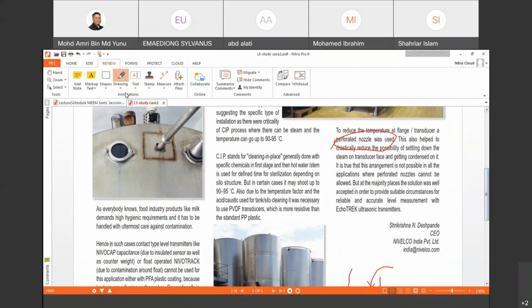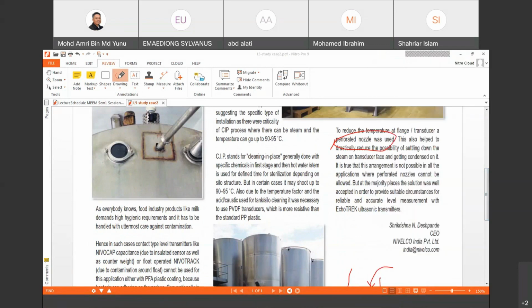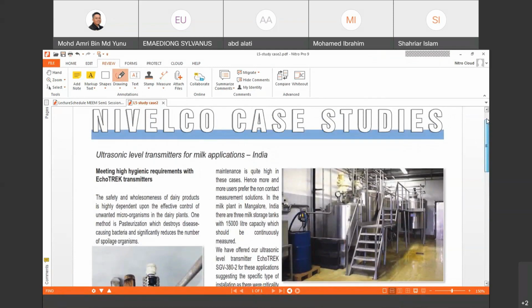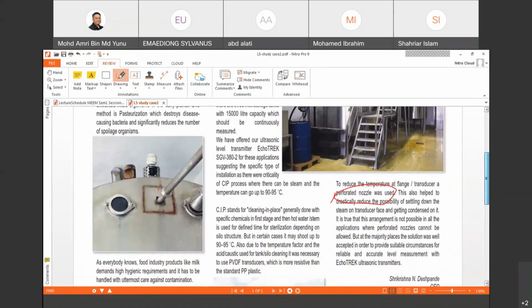So that is one case of how the ultrasonic transducer can be used to measure the milk level inside a vessel tank.